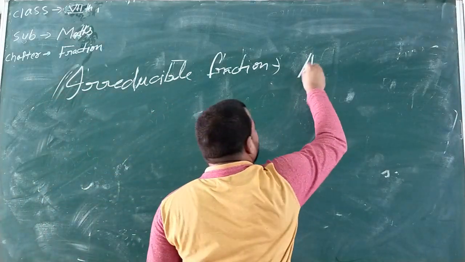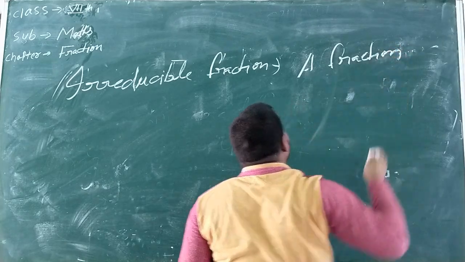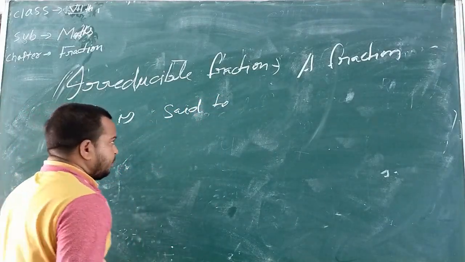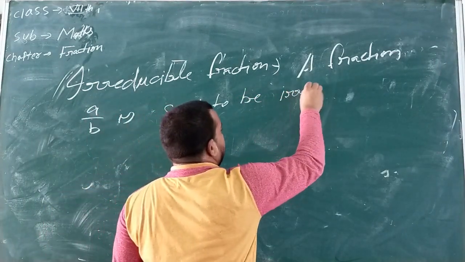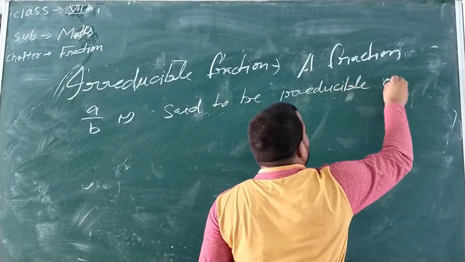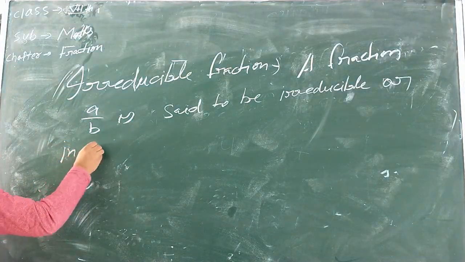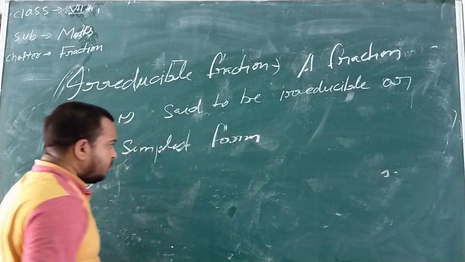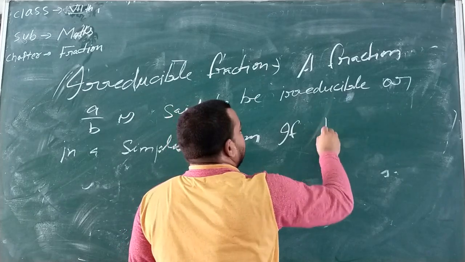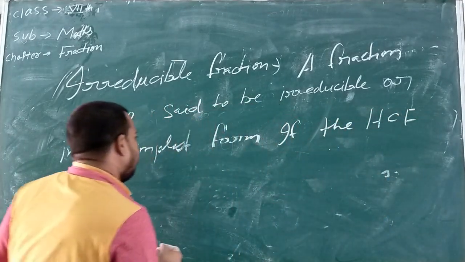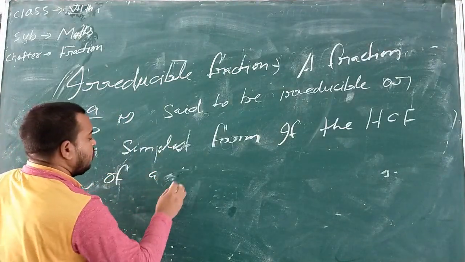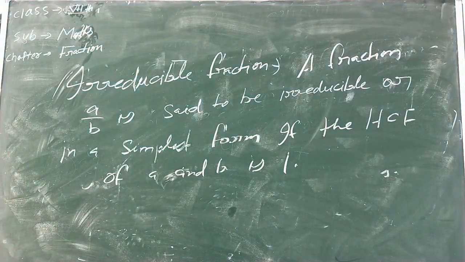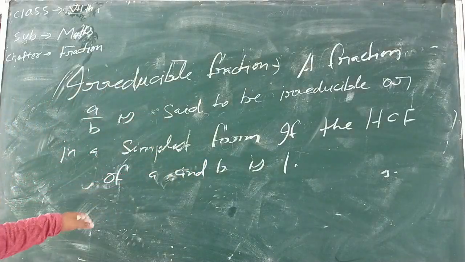A fraction a by b is said to be irreducible or in simplest form if the HCF of a and b is 1.